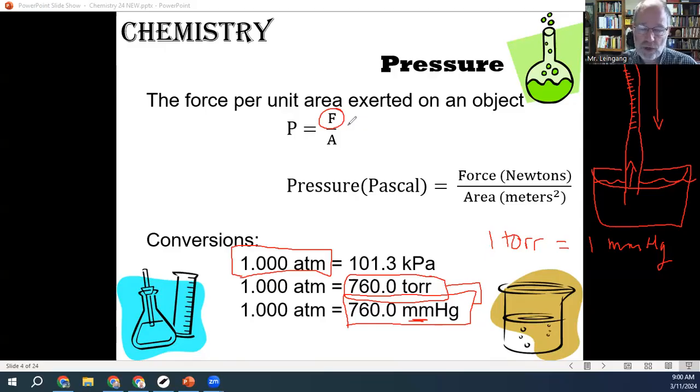The difference in pressure you feel in your ear because your eardrum has air on both sides, and when the pressure changes in the airplane, in the atmosphere, the pressure inside your ear doesn't change as quickly as the air pressure outside of your ear. And that's why you can feel that.